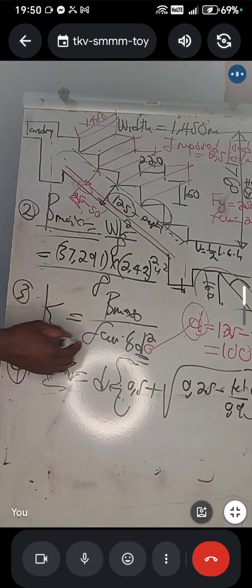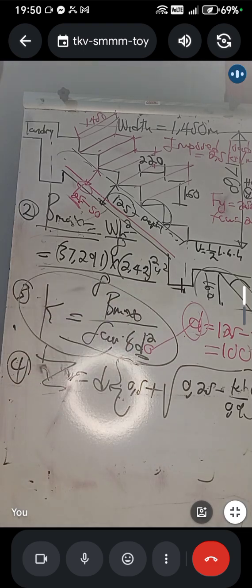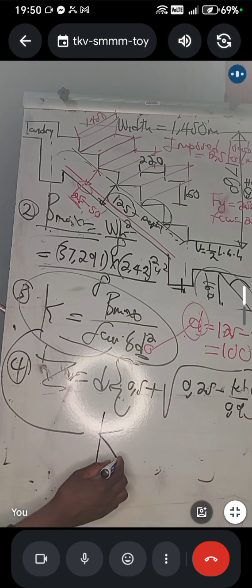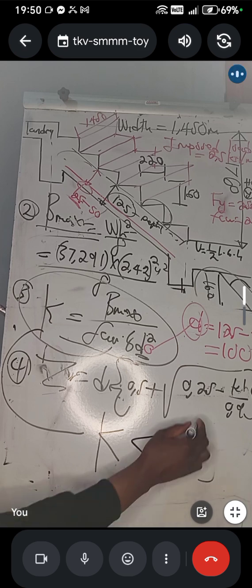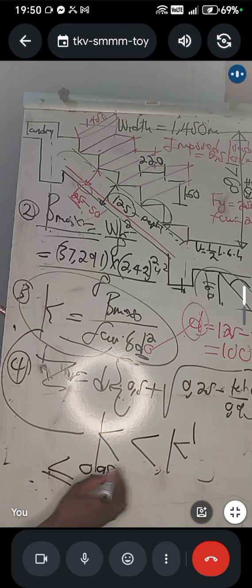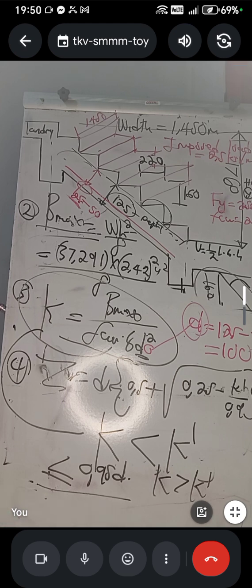You only use this formula when calculating the K if your normal K is less than K prime. If it's less than K prime, you use the formula with 0.95D. But if your K is greater than K prime, you use the normal formula without this step. You get it?